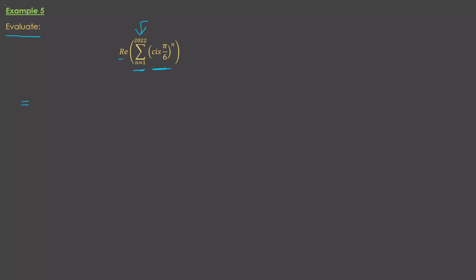So that is going to be the real part of: with n equal to 1, we get cis pi by 6. And then we'd add that to, with n equals 2, cis pi by 6 squared.